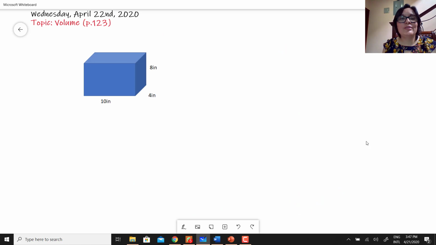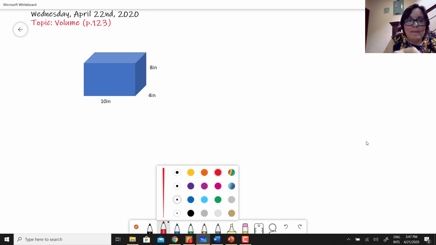So right now we are going to learn how to calculate the volume of a solid shape. We are going to find the volume of this rectangular cube, and we have to use a formula. But first, let's identify the sides.